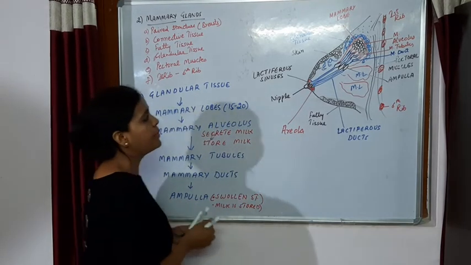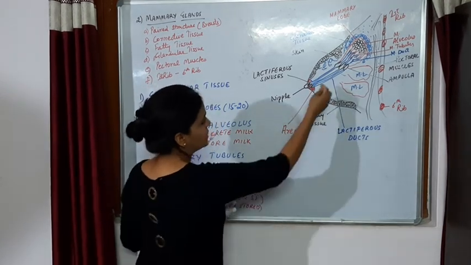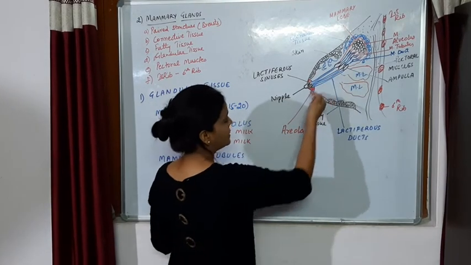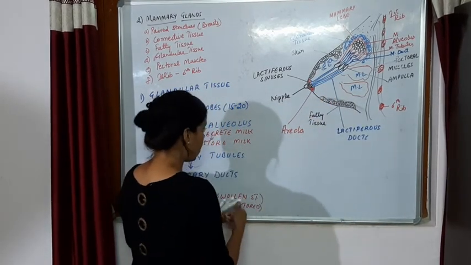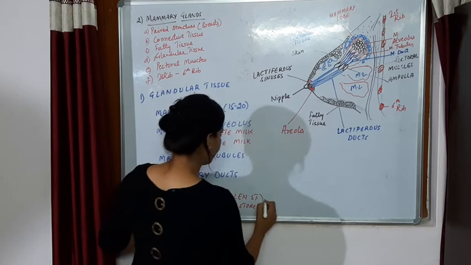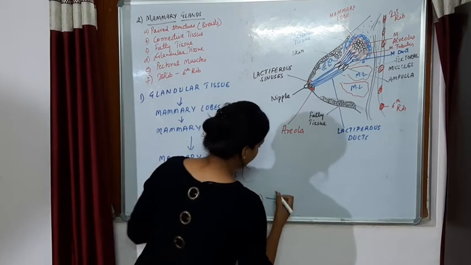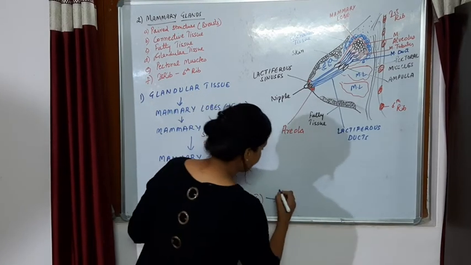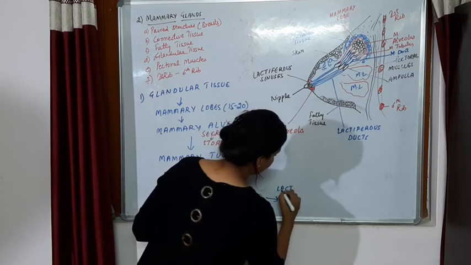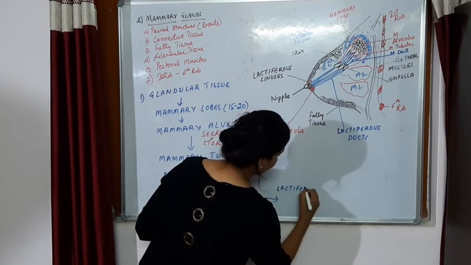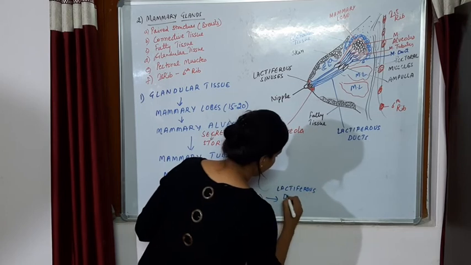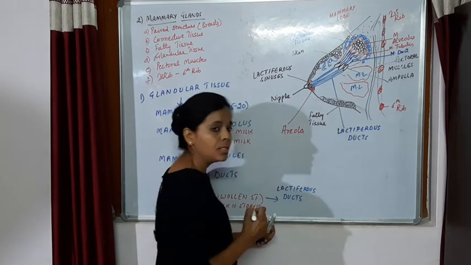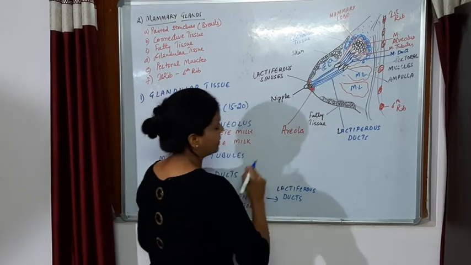Now after the ampulla, you can see these long tube-like structures. So these are called lactiferous ducts, right? So the milk is now in the lactiferous duct.